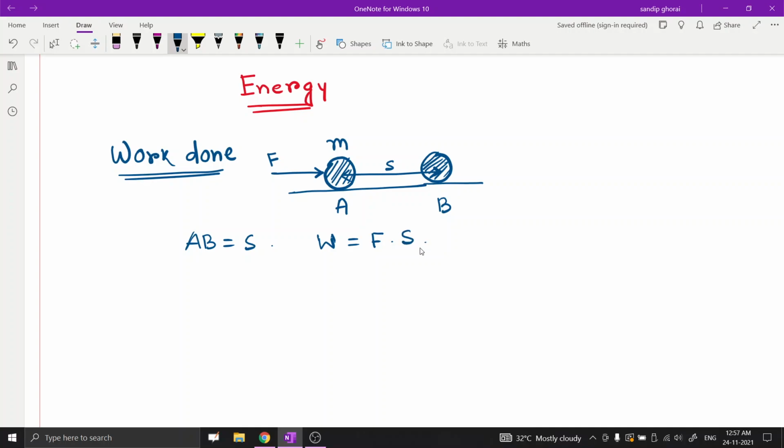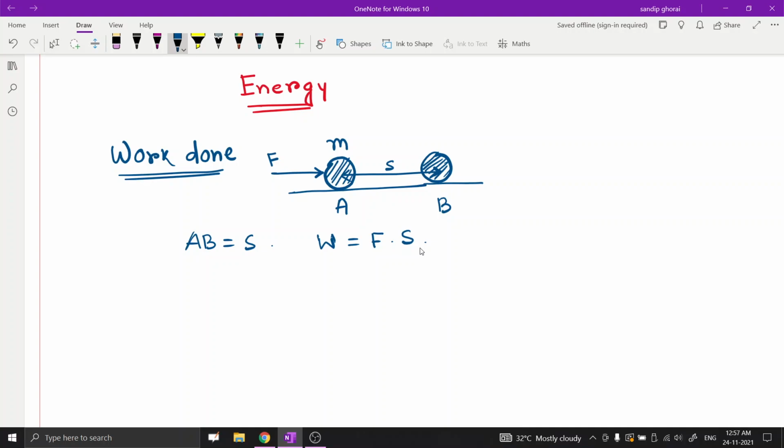That means if the body is displaced along the direction of force, then work is said to be done. This is the actual definition of work done.